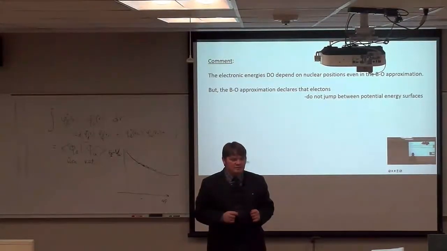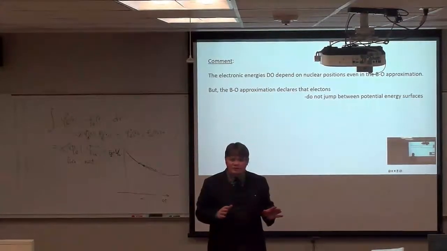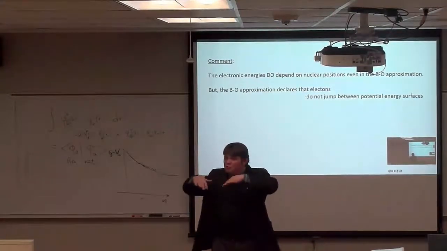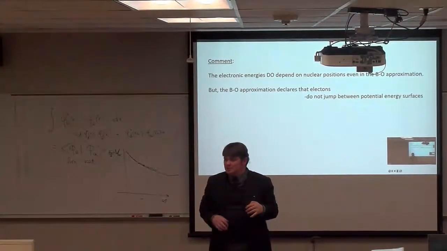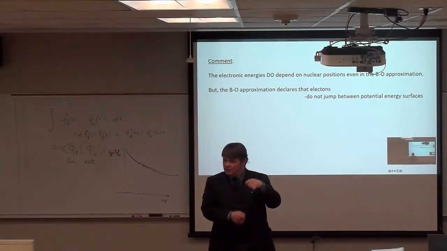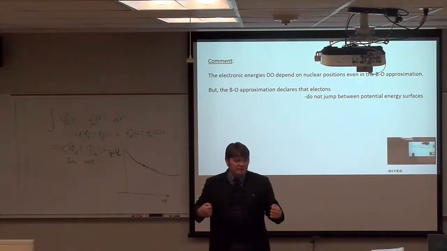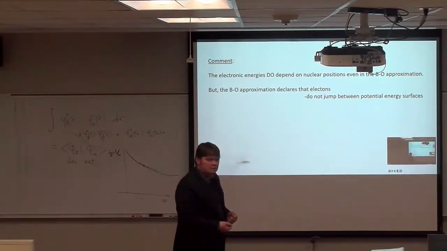They kill the transitions between potential surfaces, but they do not kill the dependence of interatomic forces on which surface we are on, and it doesn't kill the dependence of electronic energies on how far we displace the nuclei, right? Good.